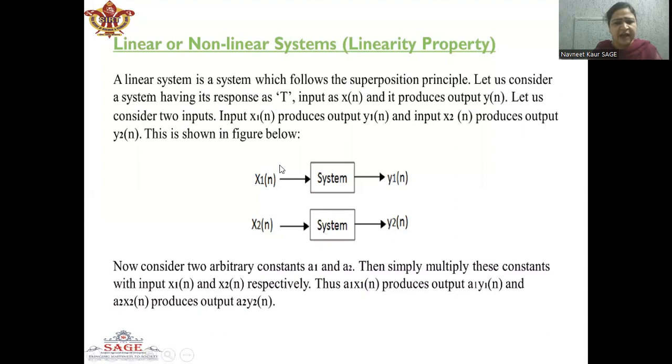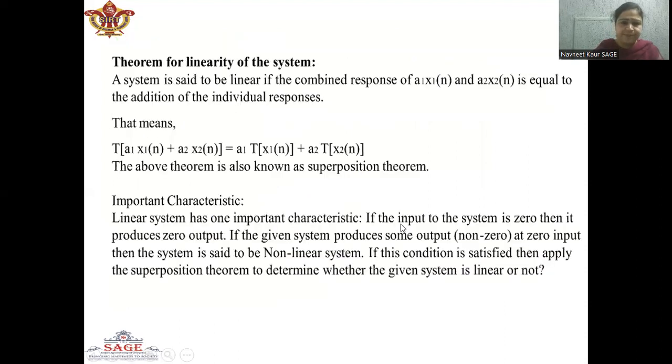If I multiply input x1 by a1, the output should be a1 times y1[n]. And if the input is multiplied by some other constant a2, then the output will also be multiplied by a2.